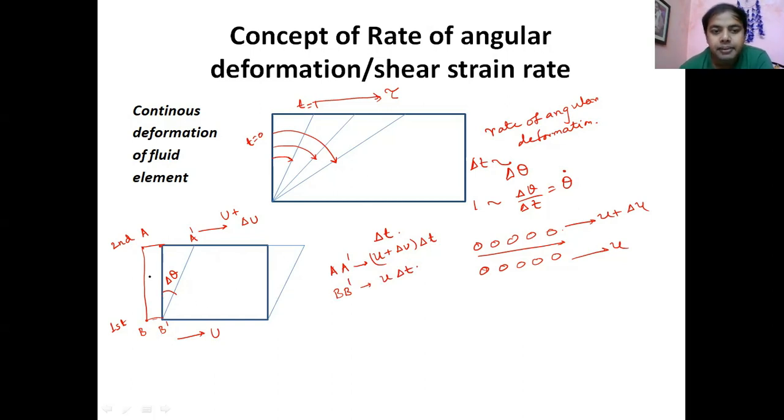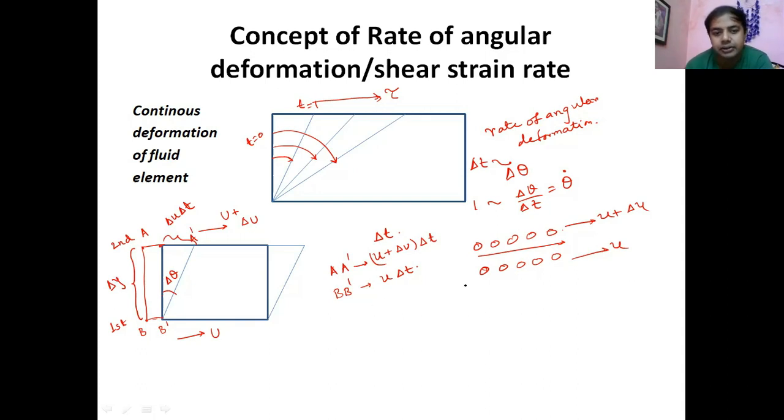If you draw a perpendicular line this way, B dash is U delta t, so this is also U delta t. The remaining part is delta U delta t. The distance between the two layers is delta y.